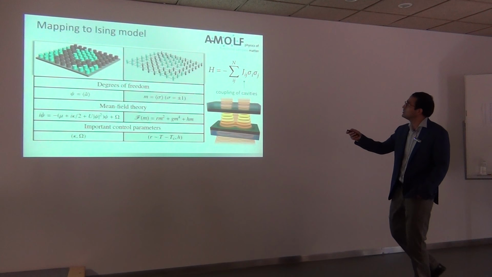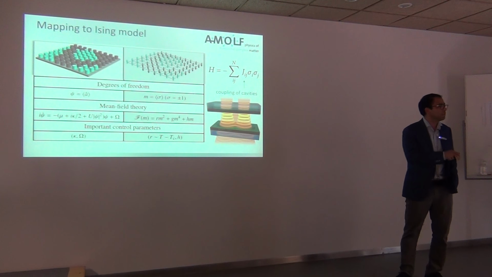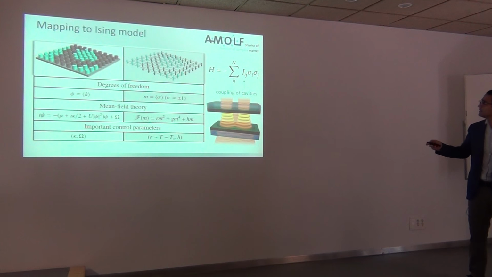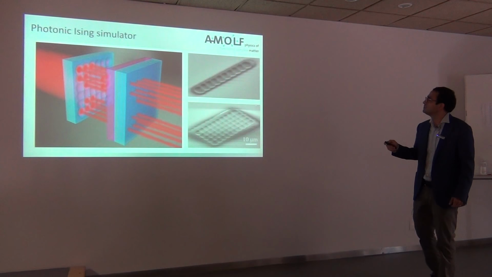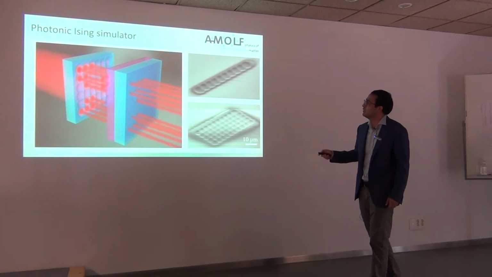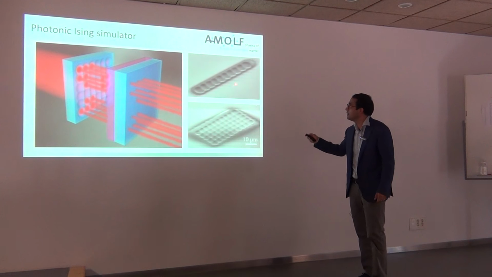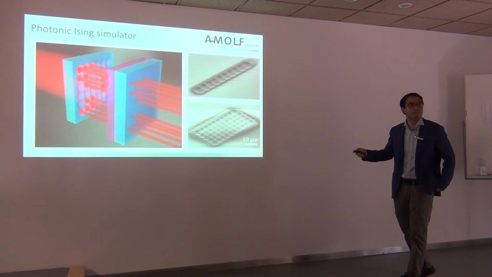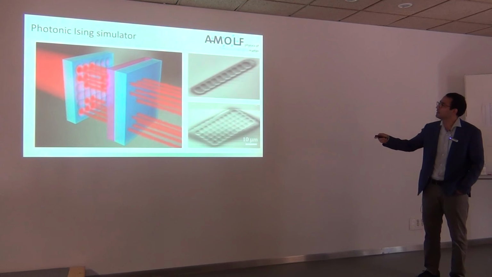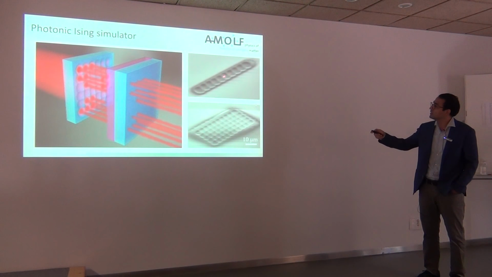The important point is, of course, the Ising Hamiltonian, which determines the hopping between cavities. In this case, we control this by the field overlap between the two cavities. This is the illustration, and these are actually the first samples done by the group in Oxford, where they created lattices.